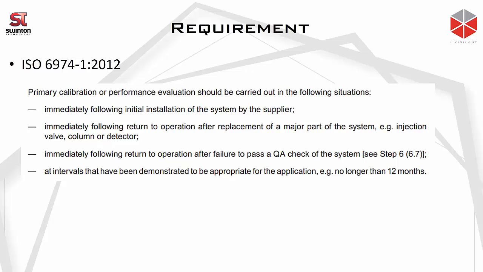It suggests that it needs to be done immediately following initial installation of the system, and immediately following return to operation after a major part of the system is replaced, such as the column, detector, or valve. This all makes sense. And then immediately following return to operation after failure to pass the QA check of the system, for instance, if it failed the performance evaluation test.